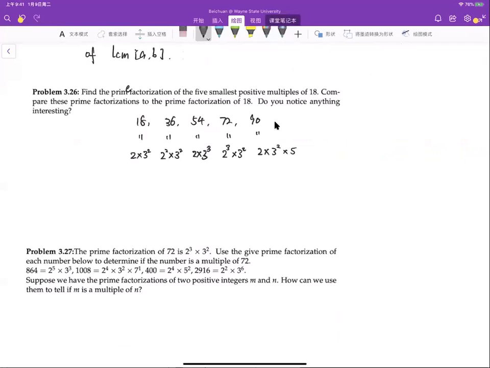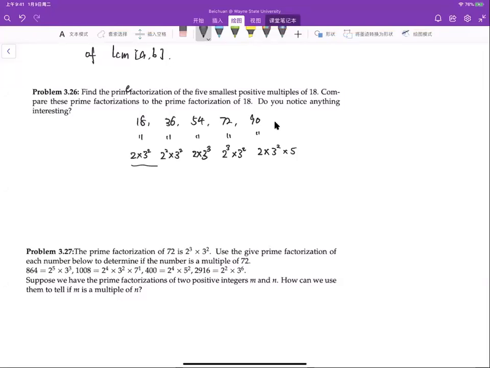Very good. Then do you see anything interesting? Can you summarize something from the five factorizations? They all have 2 and 3. Yeah, that's good. Anything else? So it's not only 2 times 3, right? Oh, 3 squared. Very good.